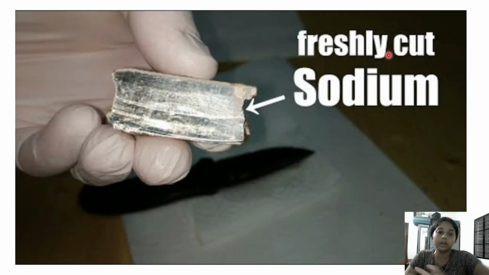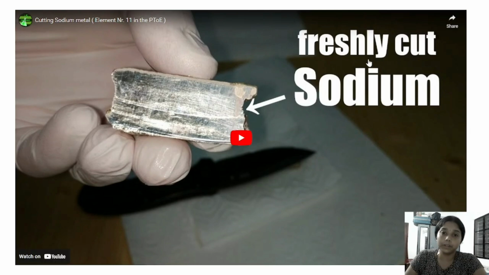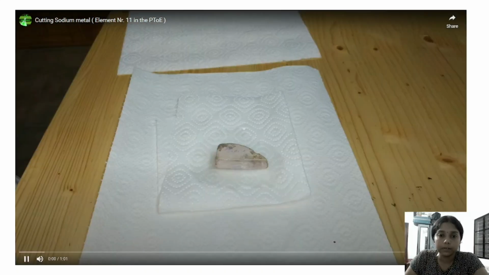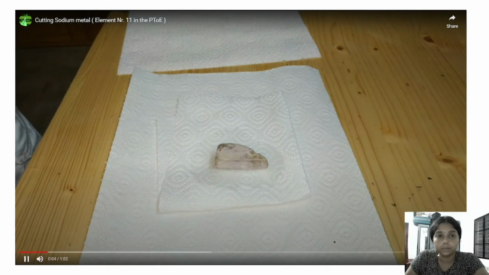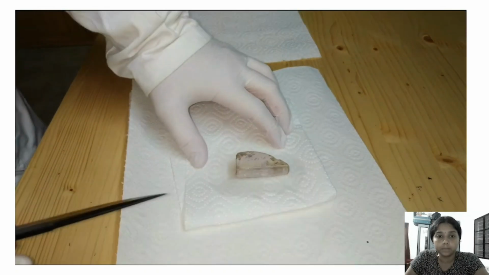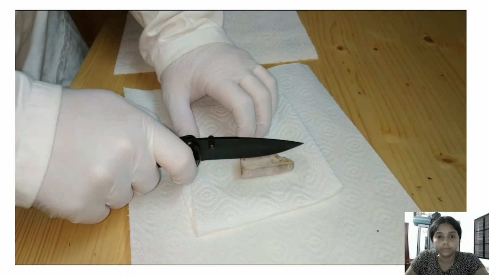Okay. Now I'll show you another video of sodium metal being cut using a knife. Okay. The metal is being cut using a knife.